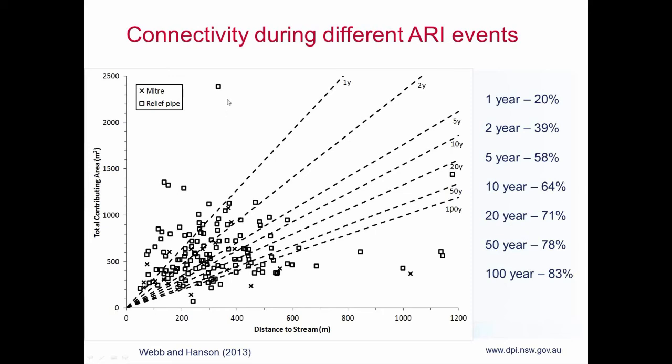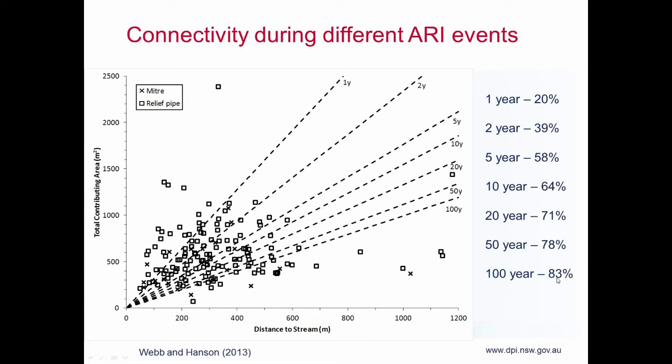Using a GIS platform, we were able to calculate for each of those drains the likelihood that they would be connected to a stream via diffuse overland flow under those scenarios. In the roads we surveyed, during a 1-year rainfall event, 20% of the drains were connected to a stream, whereas for a 1 in 100-year event, up to 83%.